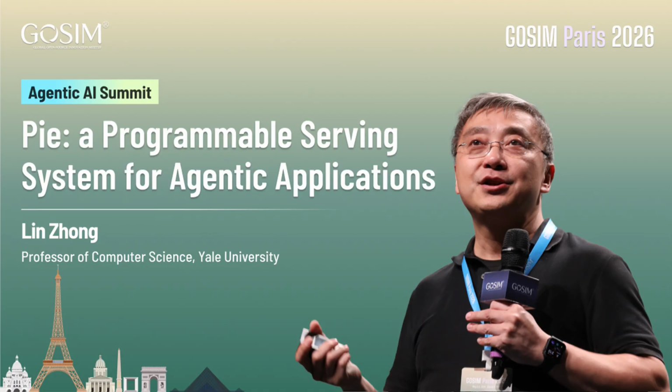Okay, here's a demo, right? Let me show. Here I run Pi, and I have a baseline on one side. On the left side is no speculative decoding, and on the right side is speculative decoding.